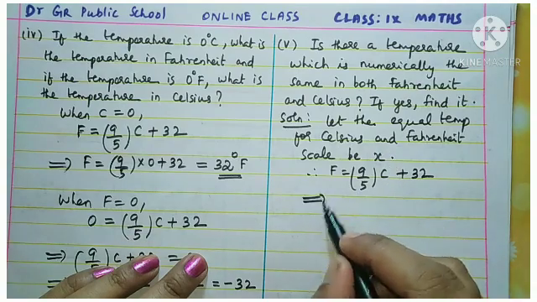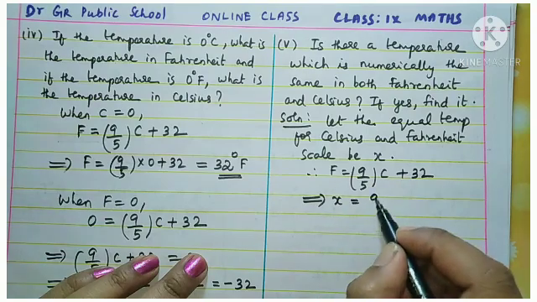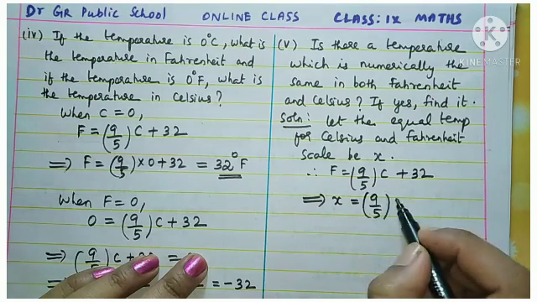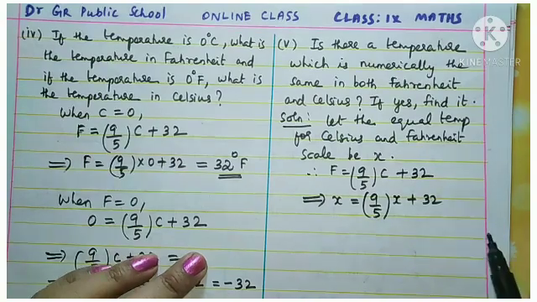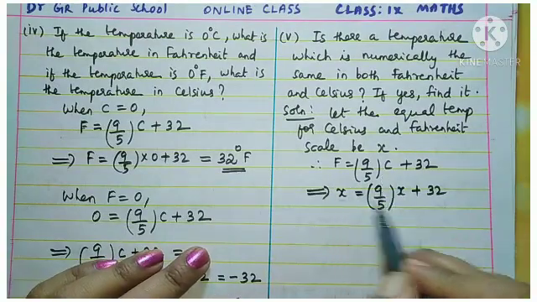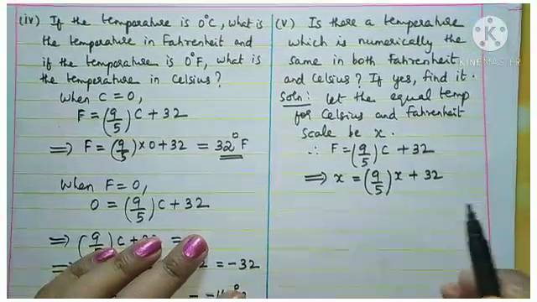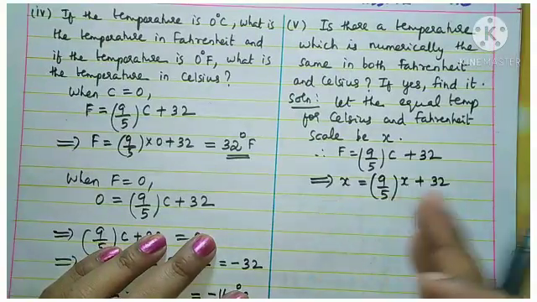So F and C both are now X. Why did I select X for both? Because we are going to find the value for which they are equal. Now you know in a linear equation if two like variables come, we bring them to one side, no?